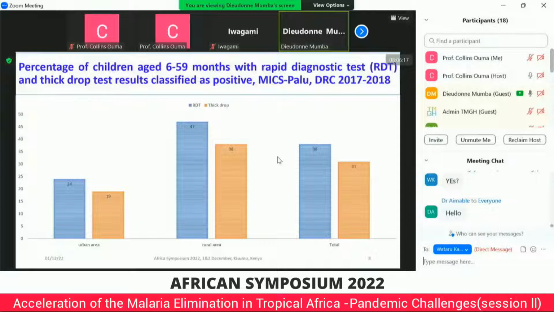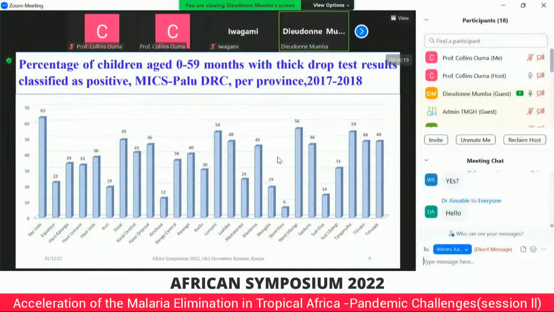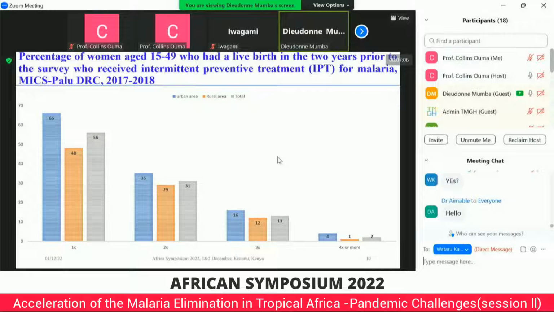there only. We see in each province, according to the National Malaria Control Program recommendation, pregnant women should receive 4 times the IPT with the combination of sulfadoxine and pyrimethamine.